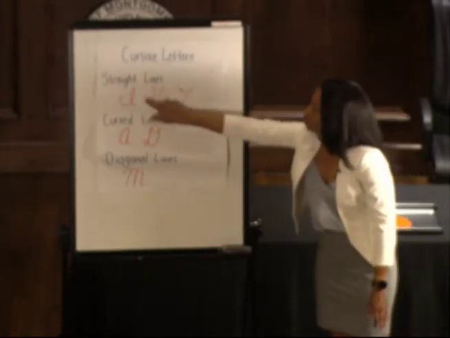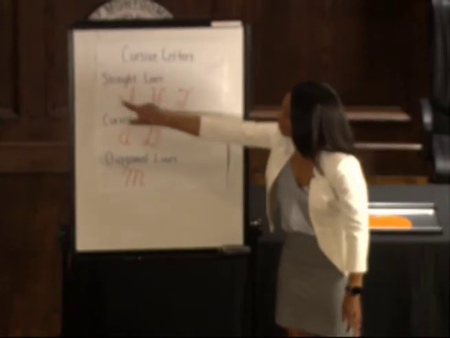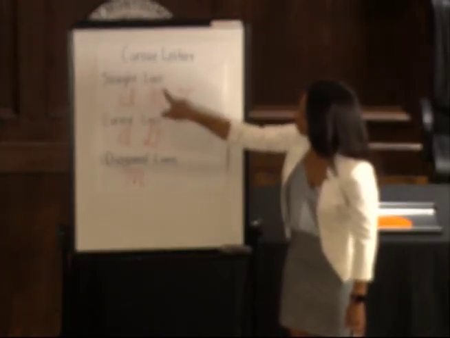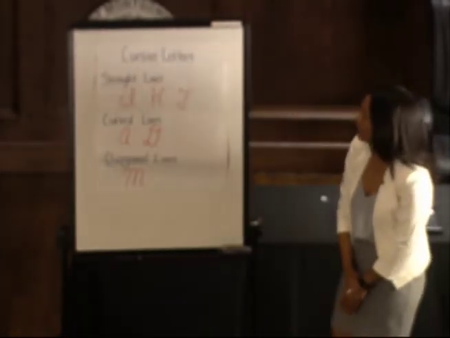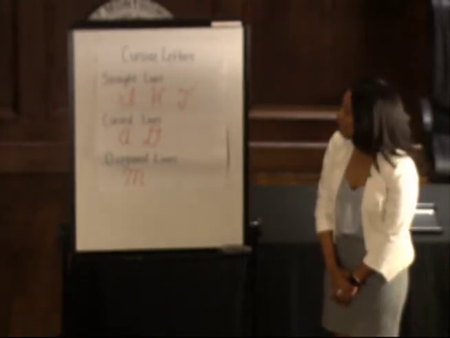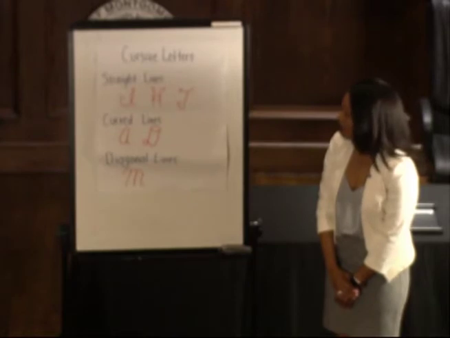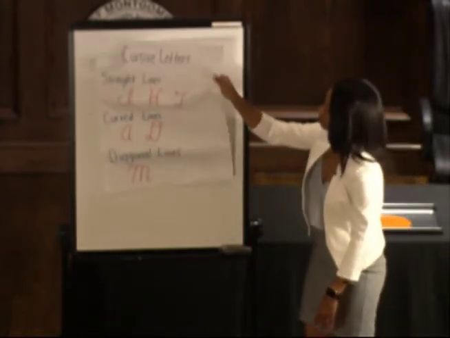The uppercase letters with straight lines are I, H, and T. We're also going to look at curved lines, A and D, and diagonal lines, M. Okay? So let's get started.